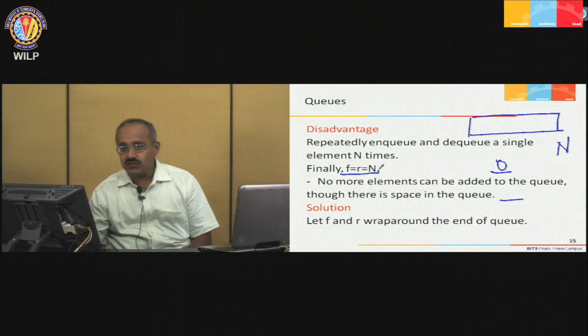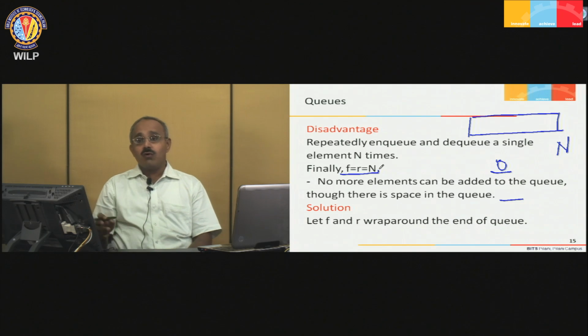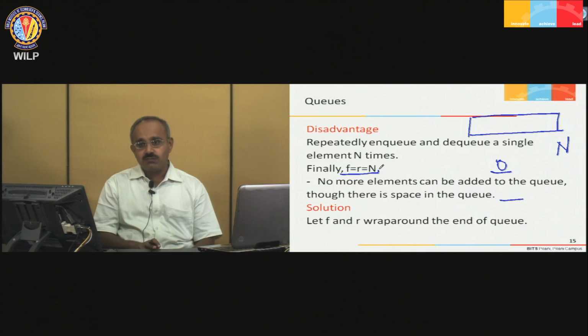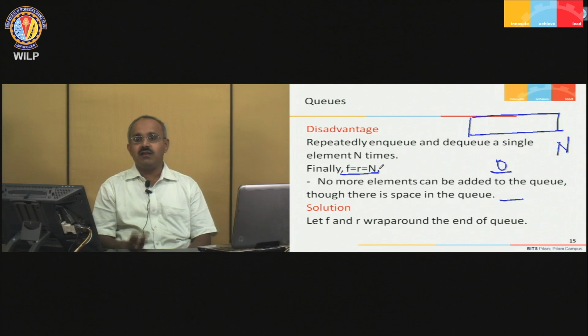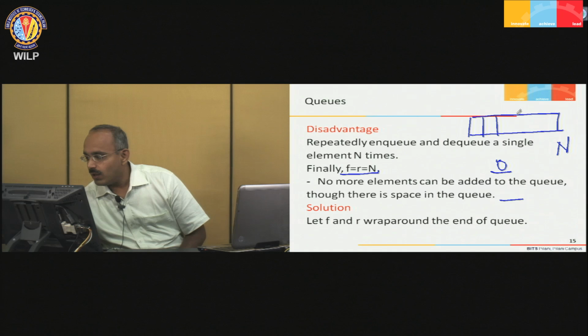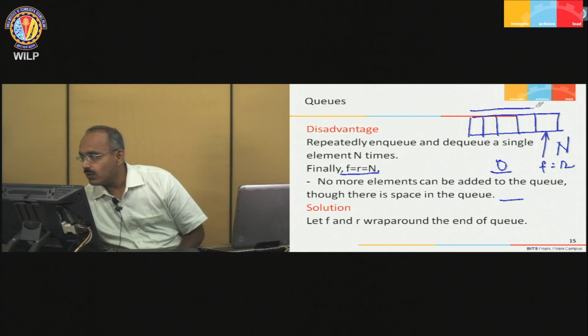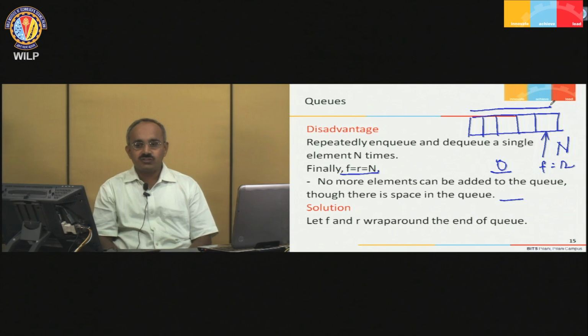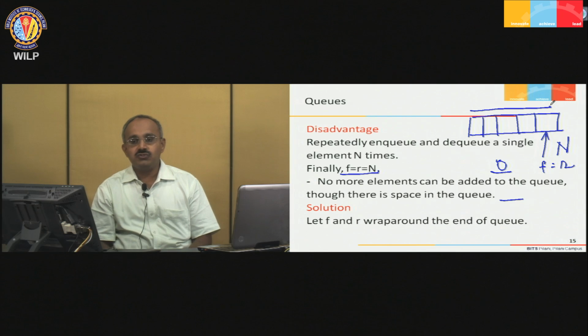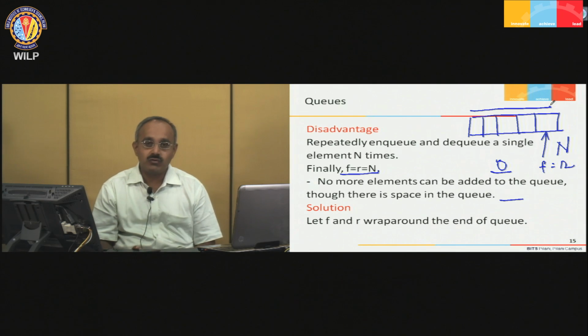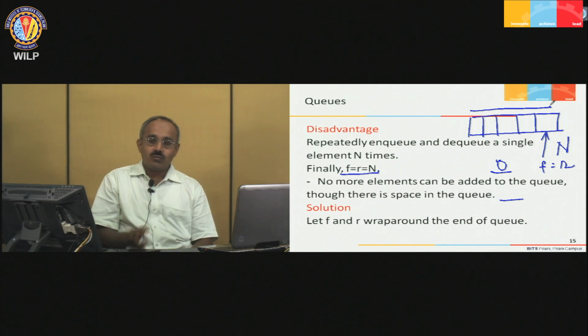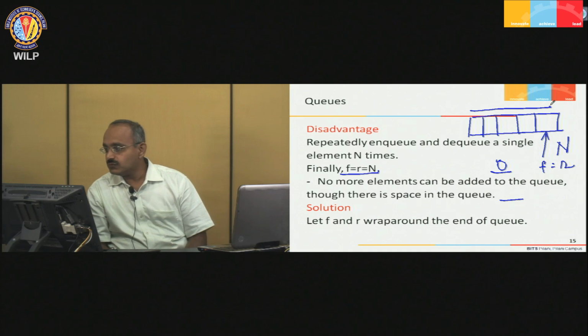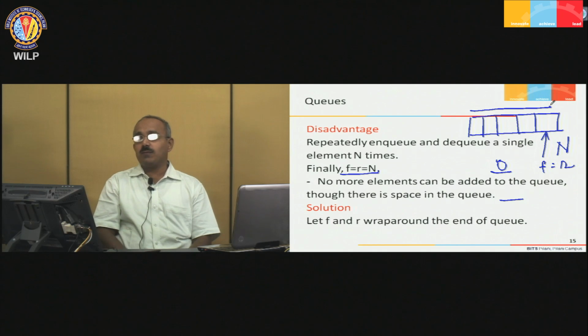The condition captures the fact that the queue is empty, but we know that we have been just playing with the queue by inserting the same element and deleting the same element. That means though your f and r are all pointing here, the queue is not storing any element, and you certainly do not want such a situation to arise, in which you have plenty of space in the queue, yet your Q looks to be full because your F is pointing to n.